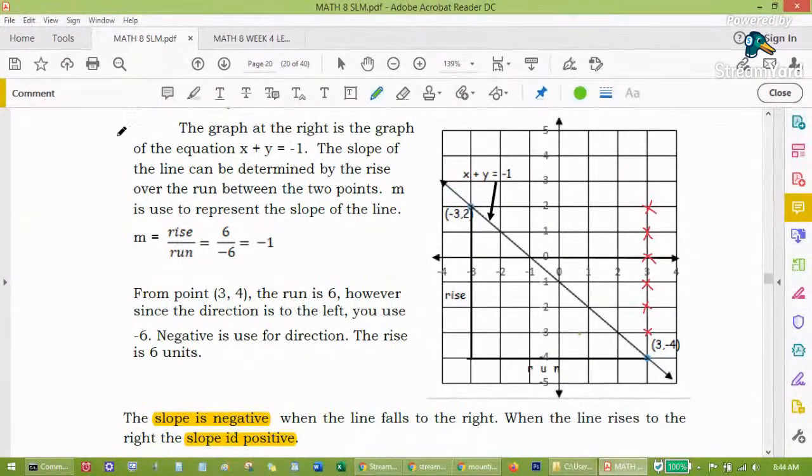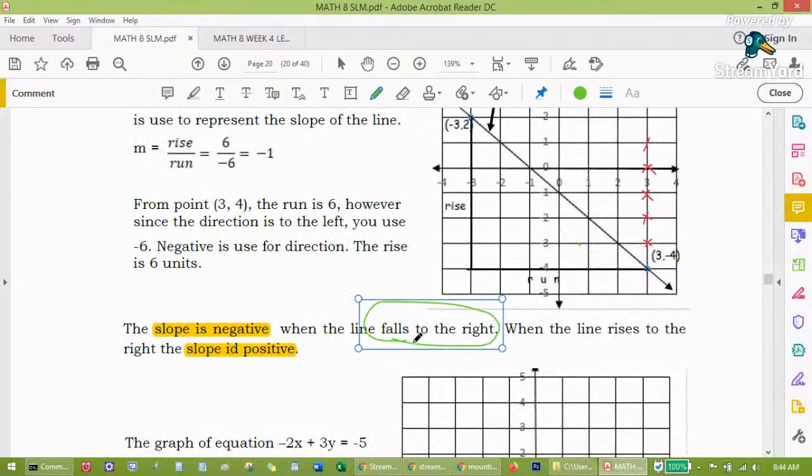Paano ba tayo magbasa? Magsisimula sa left, papunta sa right. So, itong graph na to, magsisimula tayo dito sa left. And then, pagpunta niya sa right, unti-unti siya nahuhulog papunta sa right side. So, falls to the right, ibig sabihin, the slope is negative.